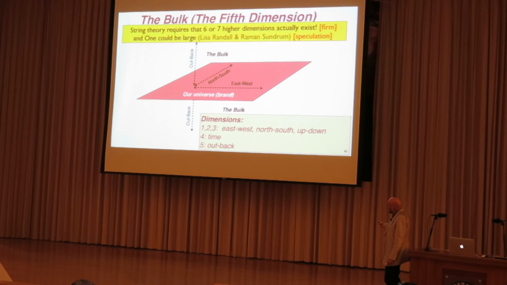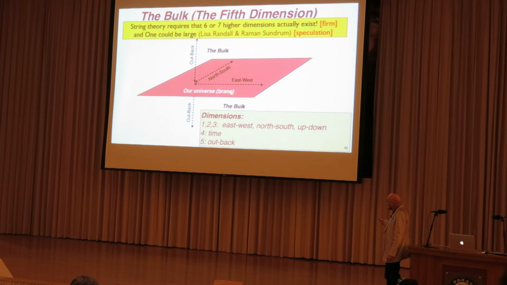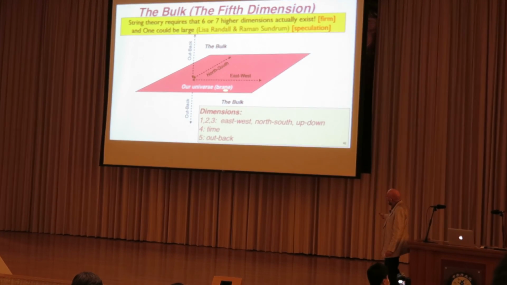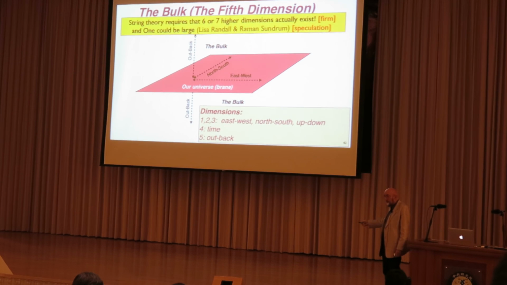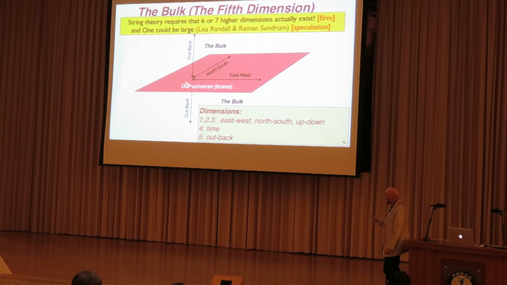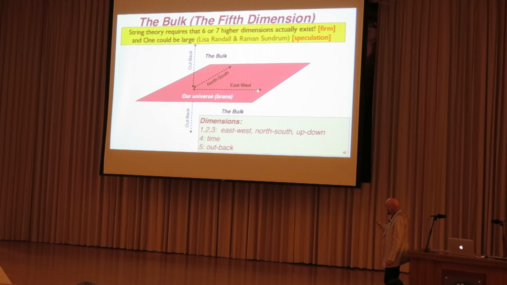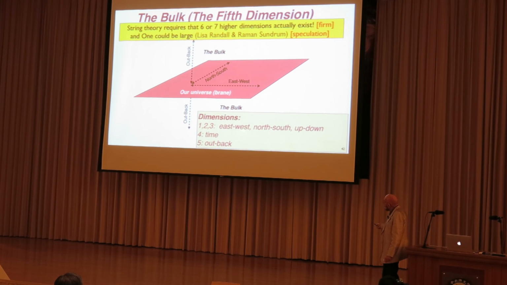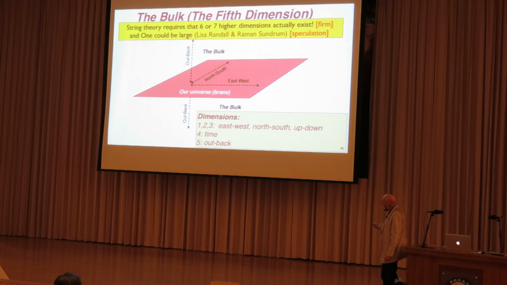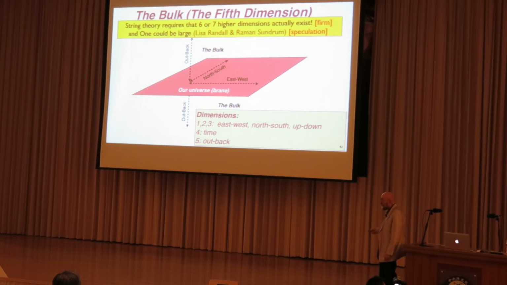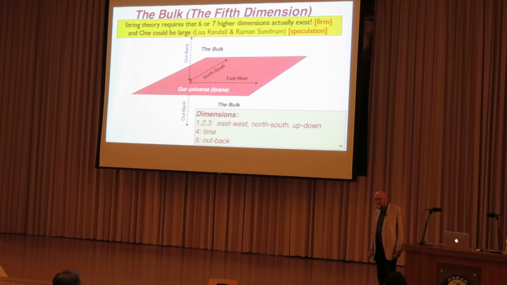So to understand why this is called the 5th dimension in Interstellar, here I show our universe as a 2-dimensional surface, as I've shown it before, with one of the dimensions removed. In our universe we have east, west, north, south, and up, down as 3 dimensions. Time is a 4th dimension. And the dimension reaching out of our universe I call out, back, and that's the 5th dimension.